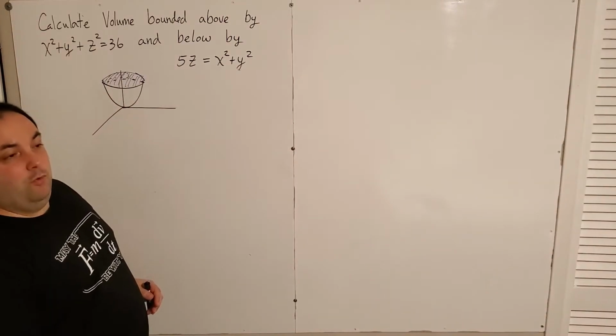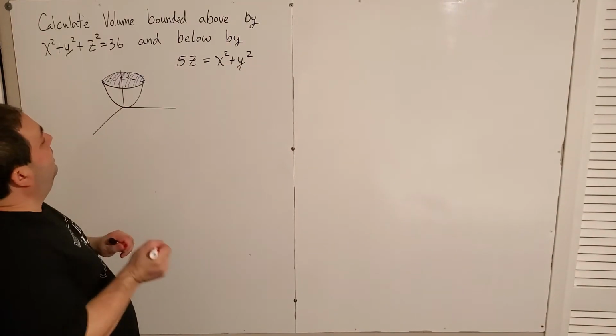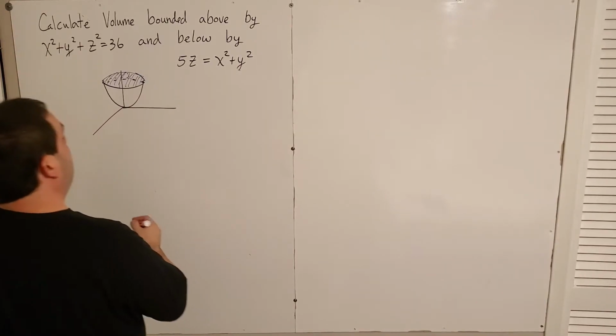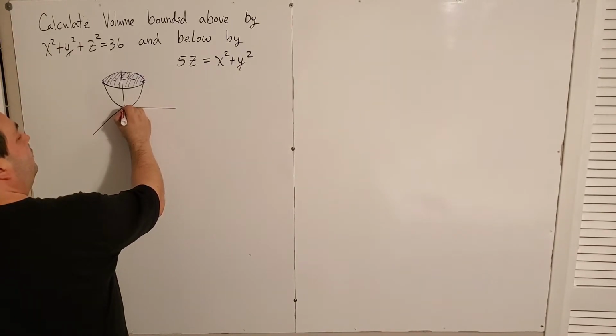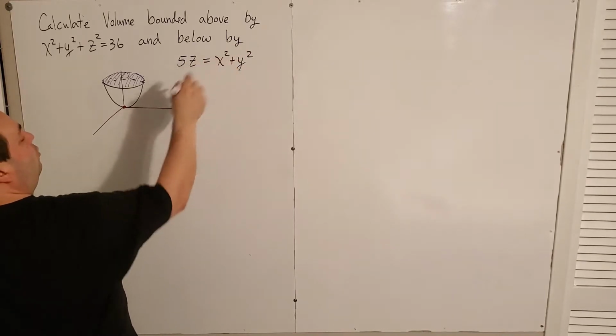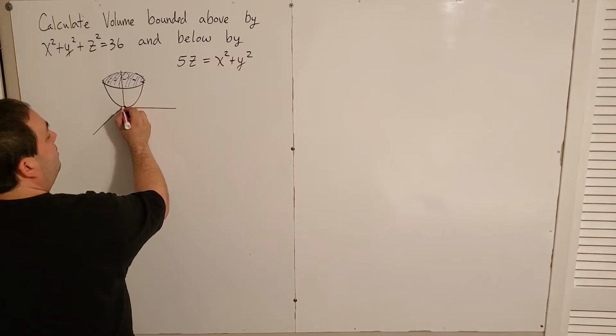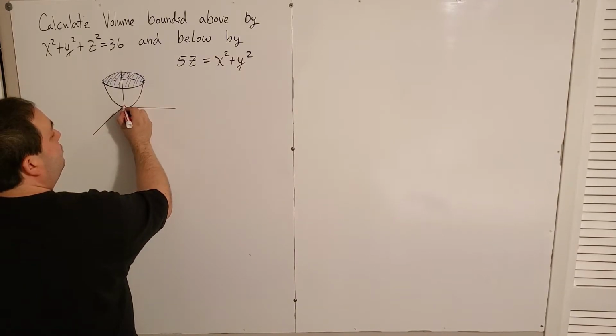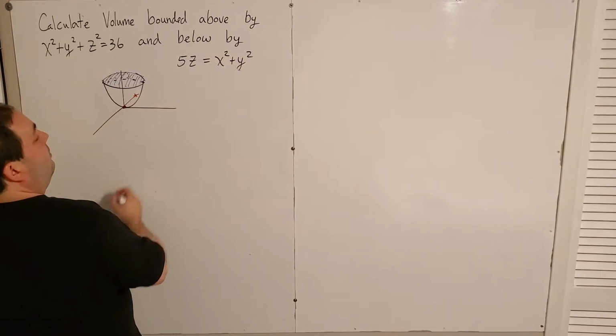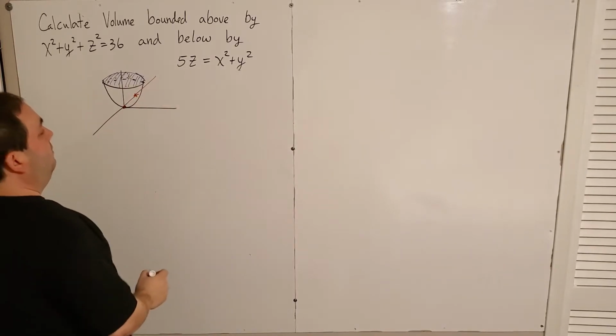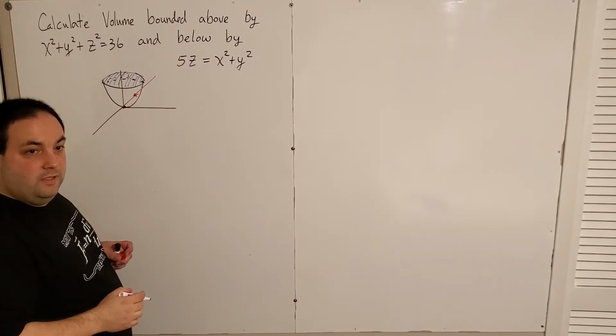So in my integral, I'm actually going to have to split it into two pieces, because if I draw a line, for example, from the origin outward, I can hit two different surfaces. If I draw a line from here to here, I can strike the paraboloid as I'm leaving the surface.